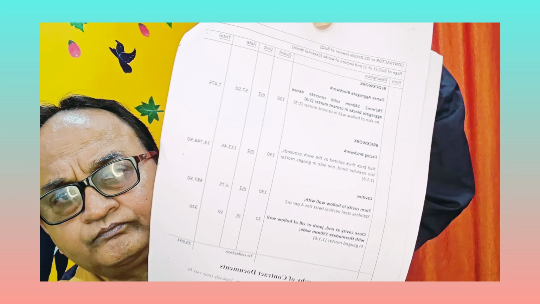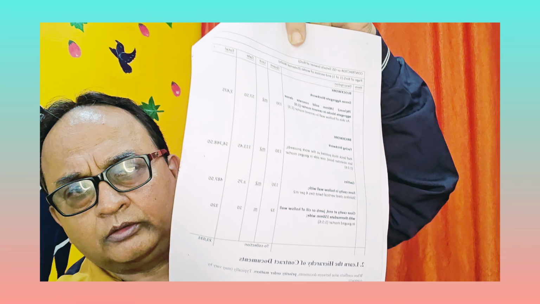Quantity 32, unit meter, rate 10, total 320. Collection 23,031. This is the format.